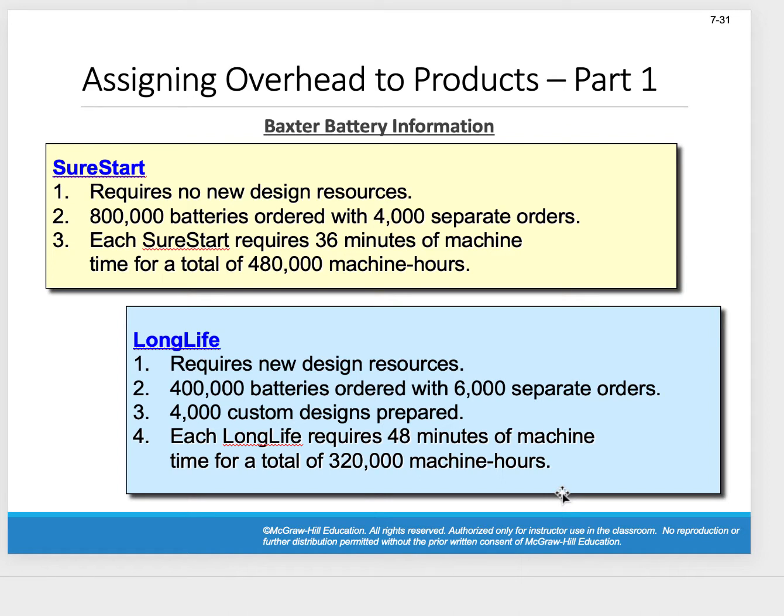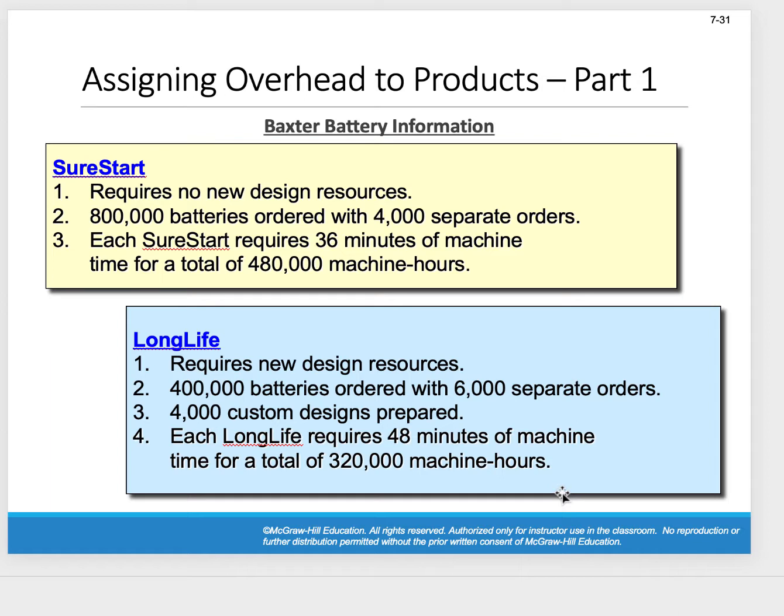So let's see an example of that. Let's go with Sure Start, and let's just look at Sure Start for now. We'll come back to Long Life. Sure Start requires no design resources. So right off the bat, I don't have to worry about allocating that design changes activity cost pool to Sure Start because it doesn't have any. 8,000 batteries are ordered.